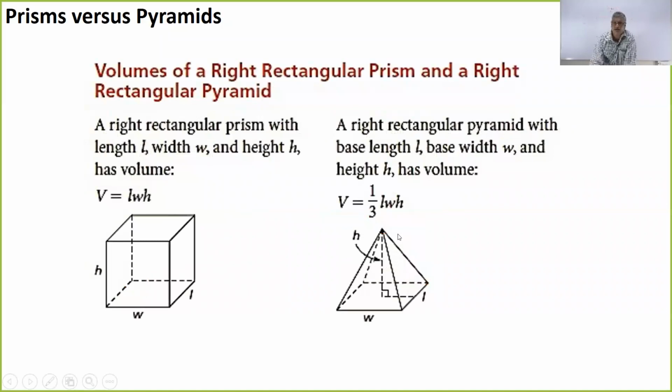We also saw that true in the case of a cuboid. If you have the same base, then again the volume of cuboid is 3 times volume of pyramid. And this can be generalized to any other shapes.